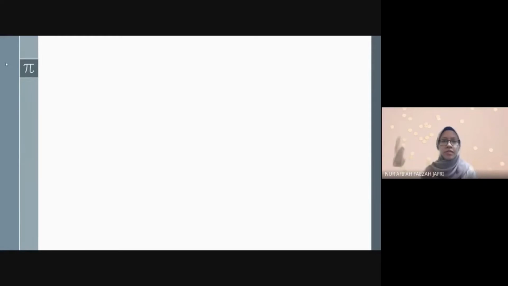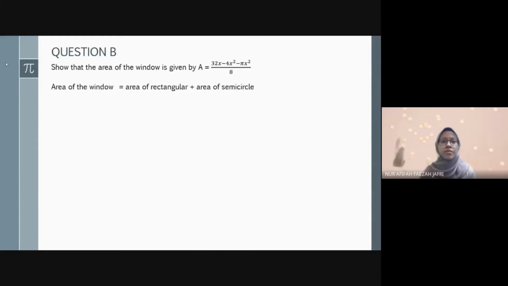Okay, for question B, show that the area of the window is given by A equals to 32x minus 4x squared minus pi x squared over 8. So as we know, the area of the window is a combination of area of rectangular and area of semicircle.